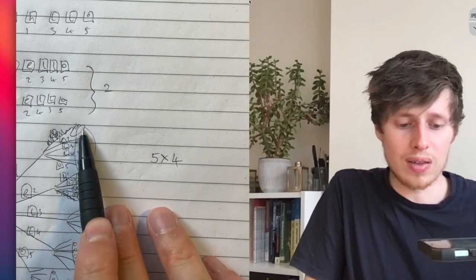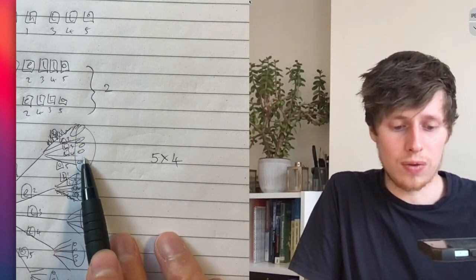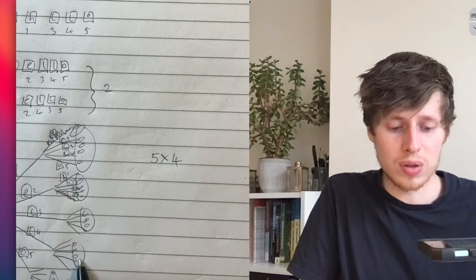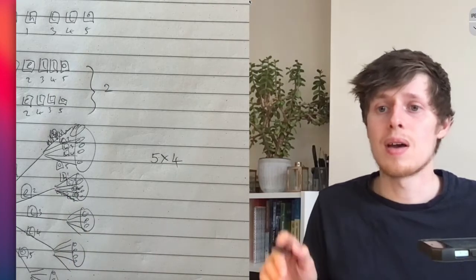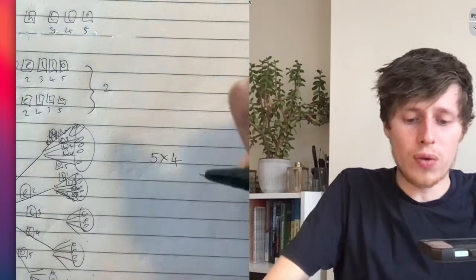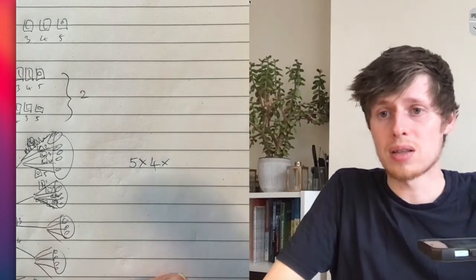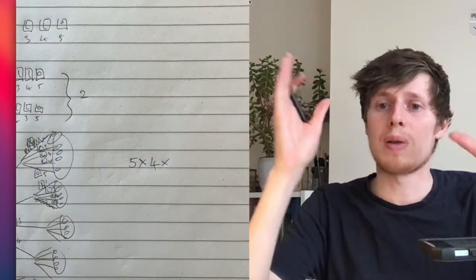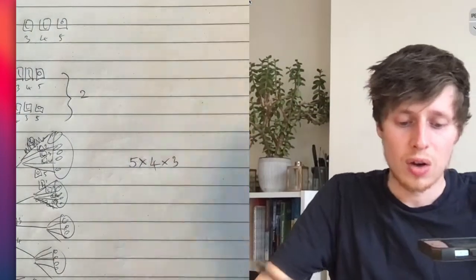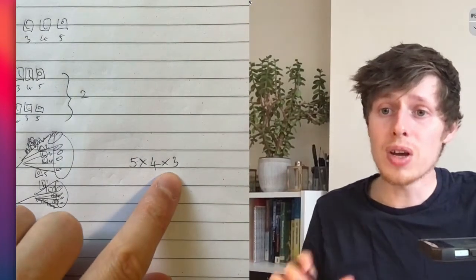So now we are at this stage, we have 1, 2, 3, 4, 5, 6, 7, 8, 9, 10, 11, 12, 13, 14, 15, 16, 17, 18, 19, 20 different groups. And if we organise according to the third letter as well, each of those groups we now have, we split them into 3 groups each, and then we have 5 lots of 4 lots of 3 groups available.